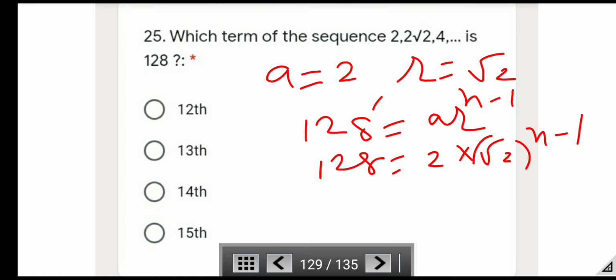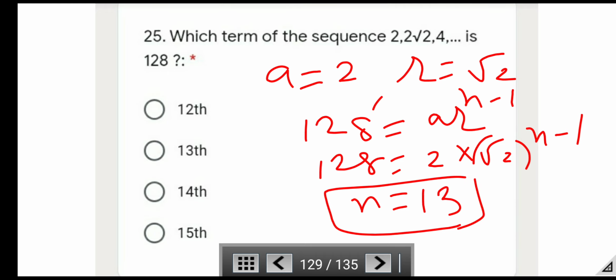Now solve this equation. We get n is equal to 13. So this is the right option.